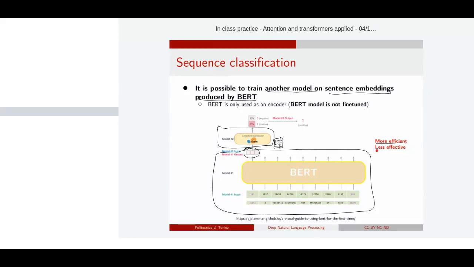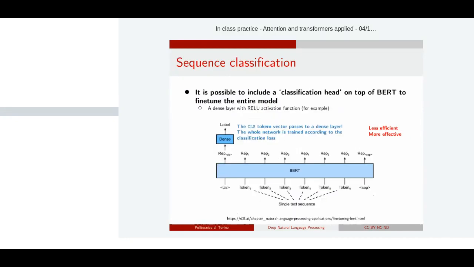But actually this approach is not very effective, because here you are not modifying the weights of BERT that are able to encode semantic information, and so you are not exploiting the full potential of the BERT model. The second way of proceeding is to have an additional layer after the BERT model that is a dense layer.